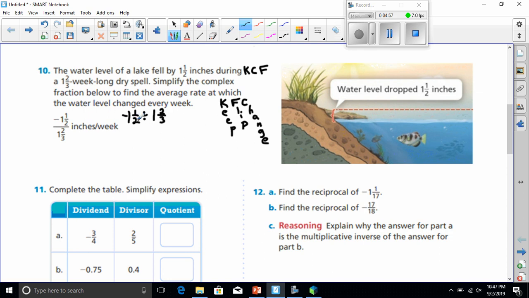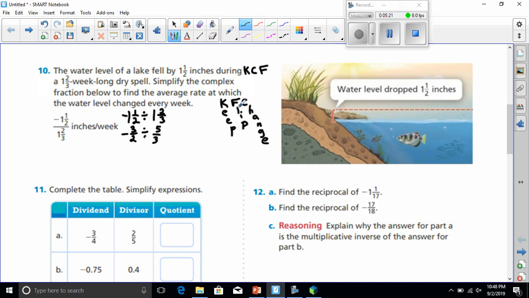All right, so this is going to be 2 times 1, that's 2, and 2 plus 1 is 3. So this is actually going to be negative 3 over 2 that we're dividing by. 3 times 1 is 3, plus 2 is 5. So this is going to be 5 over 3.